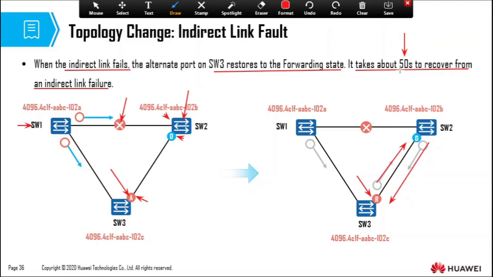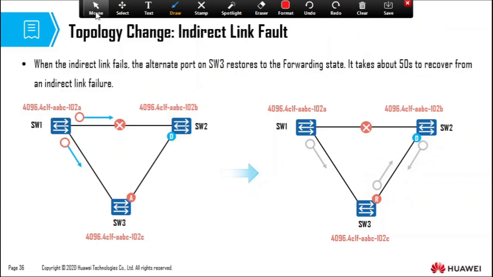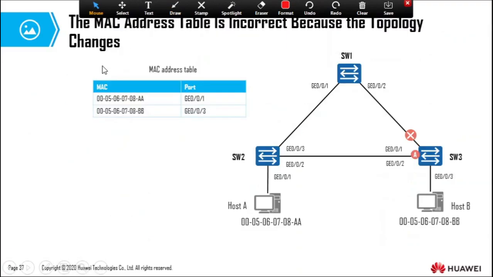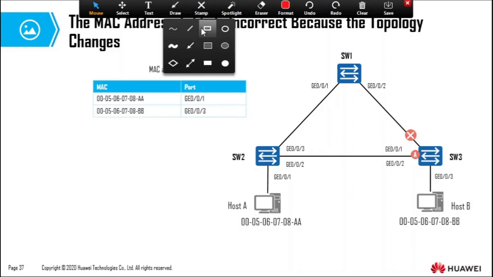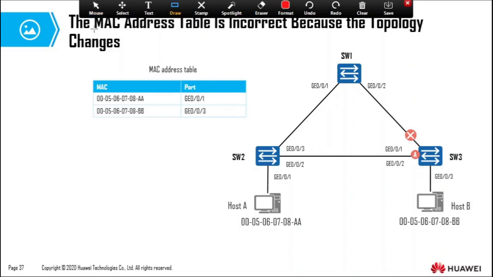So it takes about 50 seconds to recover. Okay. So another problem caused by topology changes is the MAC address table. The MAC address table can be incorrect because of topology changes. So let's see how this happens.